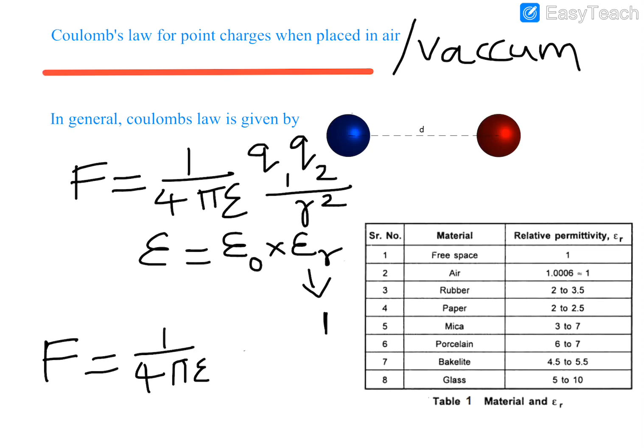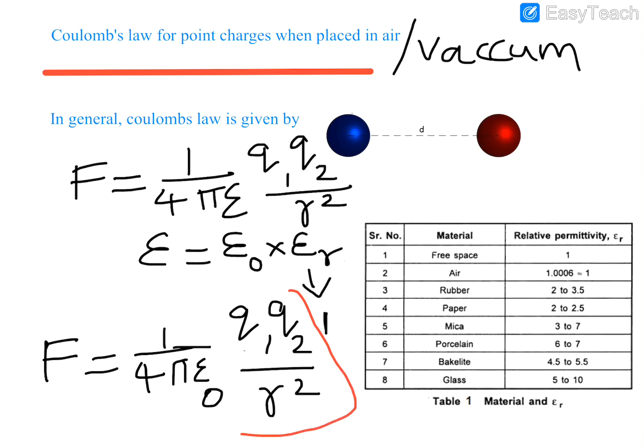So epsilon changes to epsilon 0. This is the form of Coulomb's law in the case of free space, that is vacuum, or air: F is equal to 1 by 4 pi epsilon 0 q1 q2 by r square.